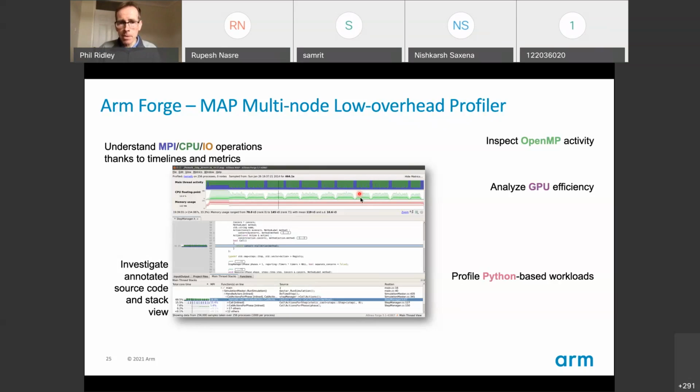Are there any memory leaks? And again, you can get back to your source code and interrogate where you're at. You can also look at the current stack. You can do a stack backtrace, and there are some really powerful ways you can use MAP as well.